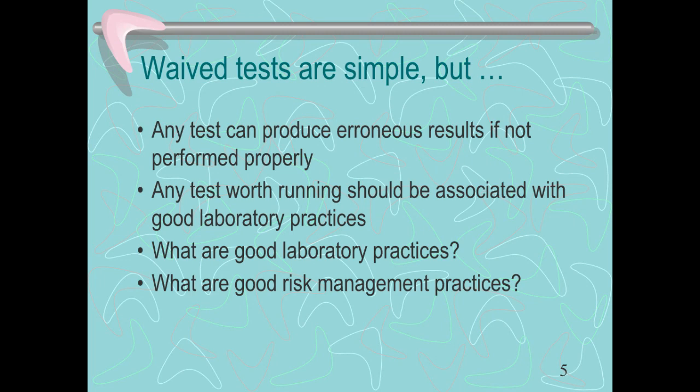Maybe I just went on the inside of the nose. That could give a false negative when someone does have the flu. Say I didn't roll it around in the solution long enough. I didn't let my test strip sit long enough. All of those things could give false results. So we want to make sure that we're doing it appropriately.